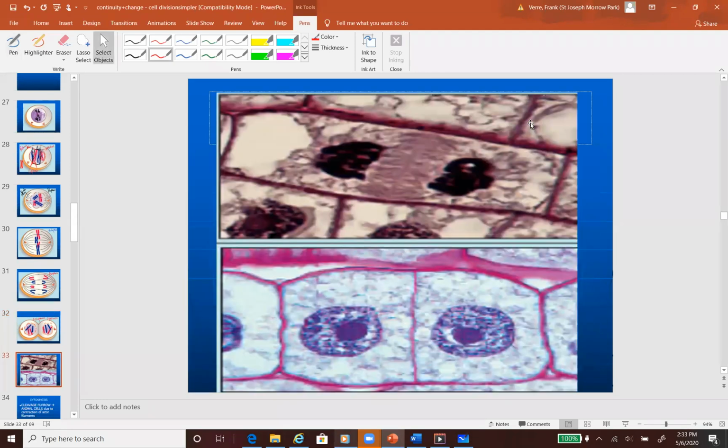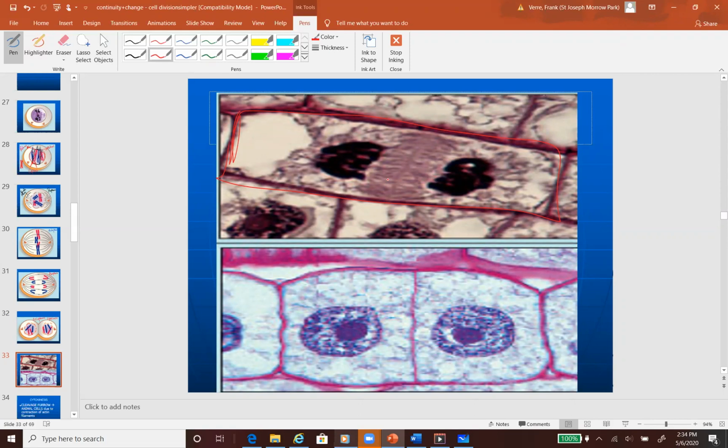So, I have some slides here. For example, here you could see this in plant cells. So here's a cell right there. Now, plant cells, if you remember, have a cell wall. So they can't pinch in the middle because the cell wall is very, very hard.